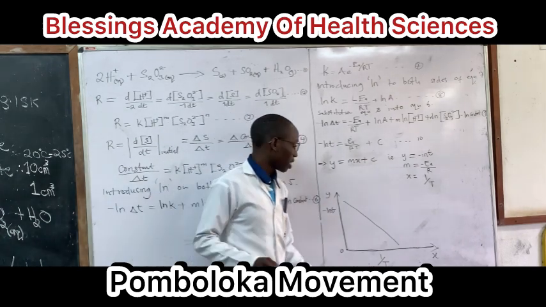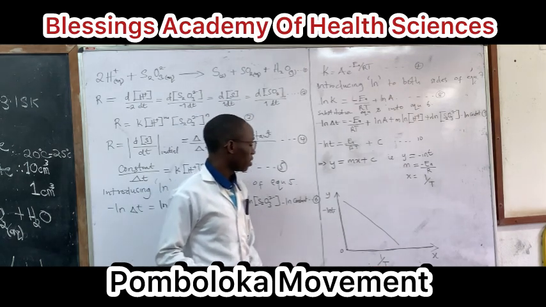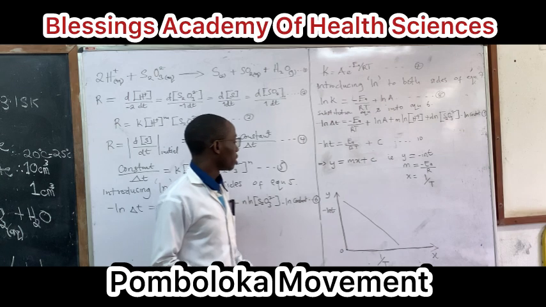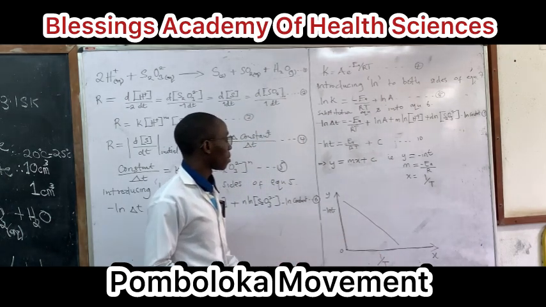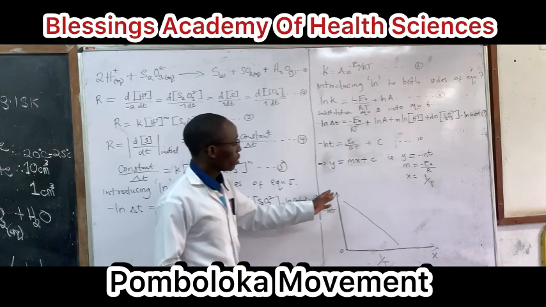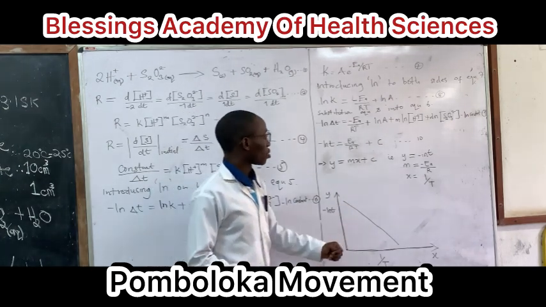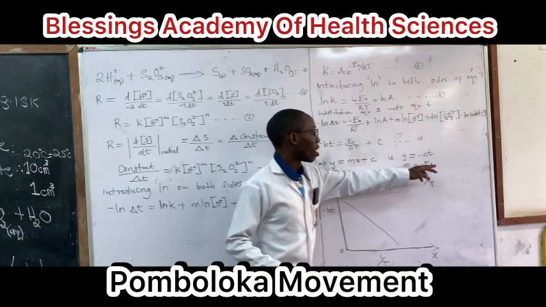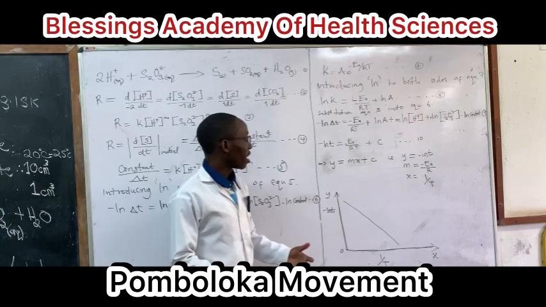Remember, just as you collected, the units for temperature are in Kelvin, and that of the time is in seconds. So once you plot, you're expecting to have a negative slope, and that negative slope will be correlated to our gradient for us to find any other values that will be asked henceforth.